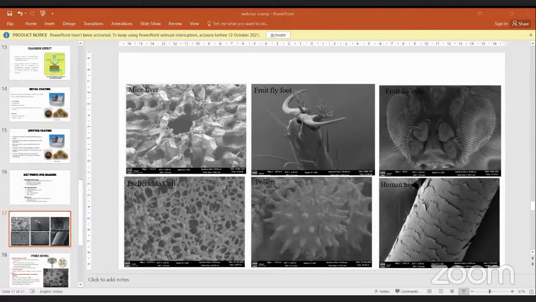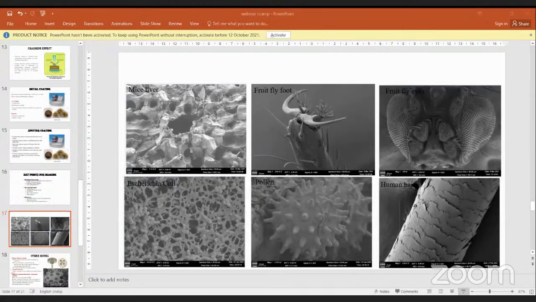And these are the E. coli. They want to know how the filter is working and how many bacteria it contains. So these are the E. coli it has contained. These are pollen, just like the COVID structure, coronavirus, and these are human hair. So these are the different images with scanning electron microscopy at different currents and with different detectors.